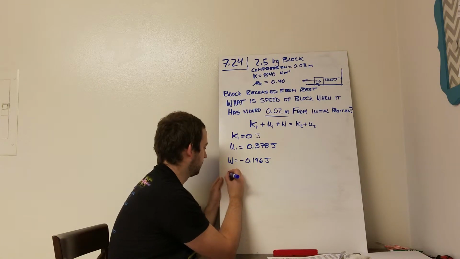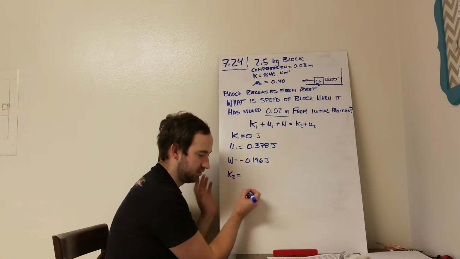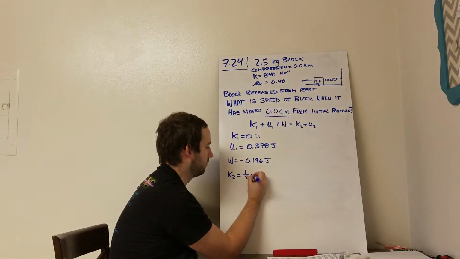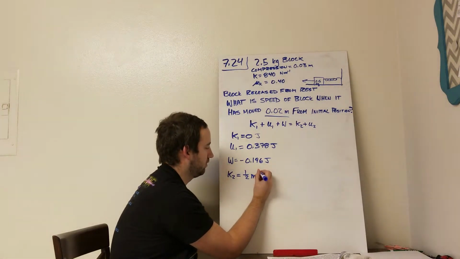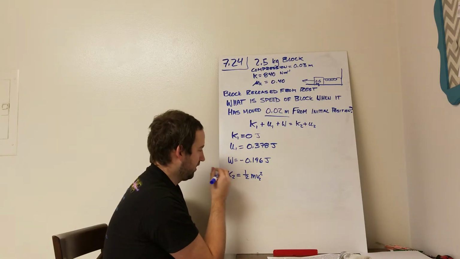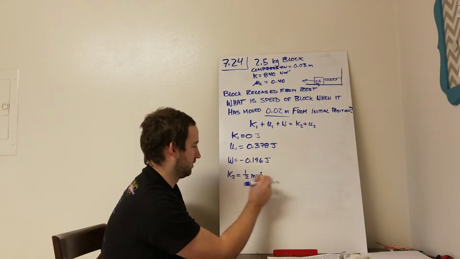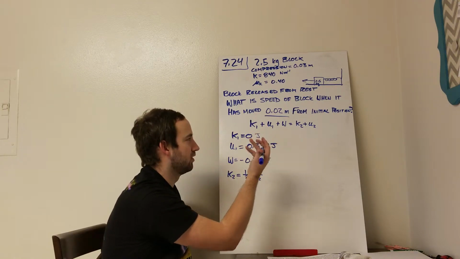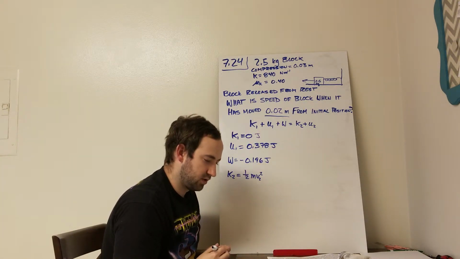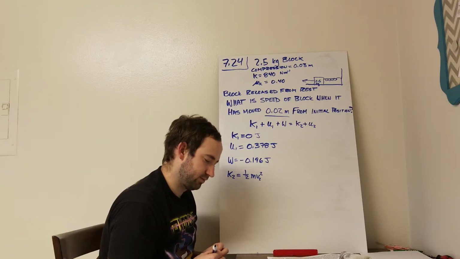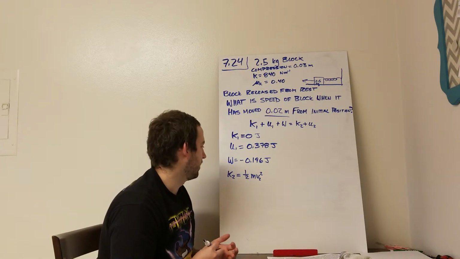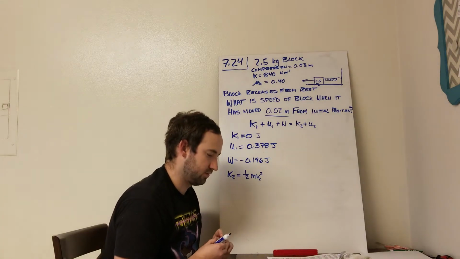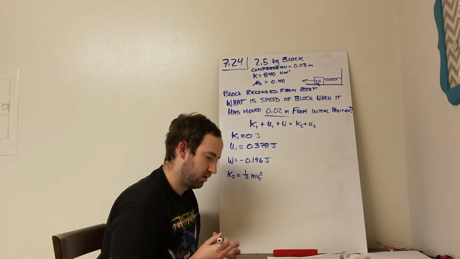So we'll say K2 equals 1/2 m v squared, and keep a 2 subscript just to make sure that it all works out. This one's 0, so we won't have a v1, but it's always good to differentiate. So now we plug in for K2.